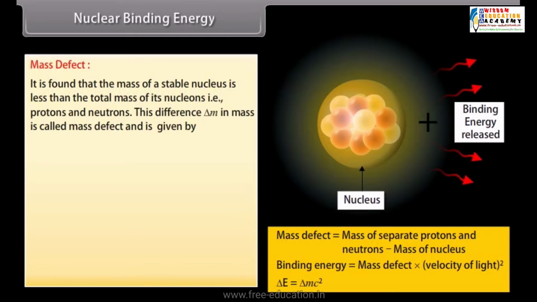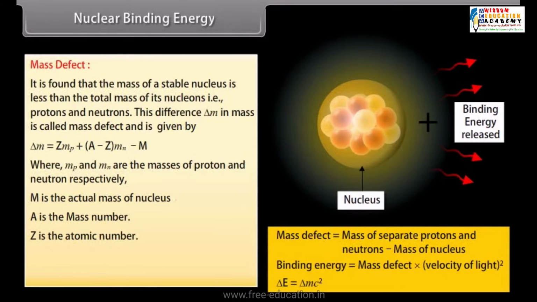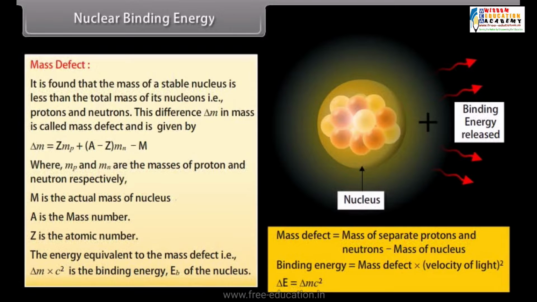This difference Δm in mass is called mass defect and is given by Δm = [Zmp + (A − Z)mn] − M, where mp and mn are the masses of proton and neutron respectively, M is the actual mass of the nucleus, A is the mass number, and Z is the atomic number.